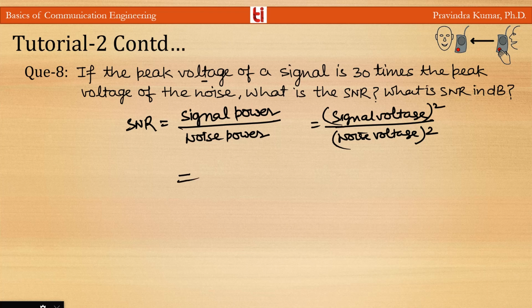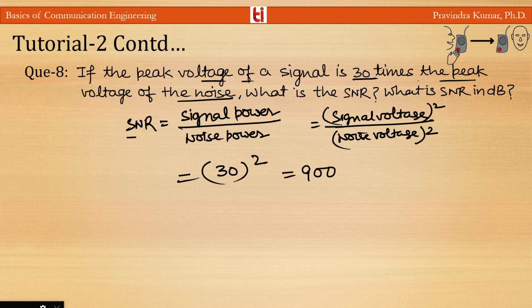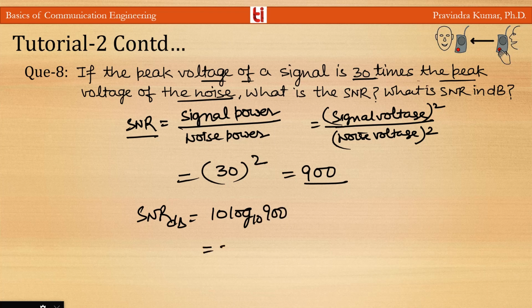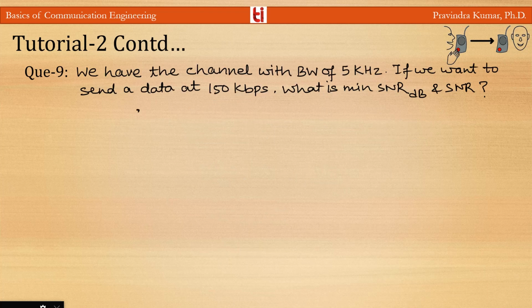Here the peak voltage of the signal is 30 times the peak voltage of the noise, so this ratio is 30, so I can write it as 900. So SNR is 900, and in dB the SNR will be 10 log 10 900, and it will be 29.54 dB.